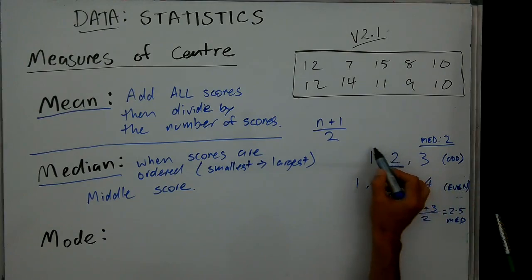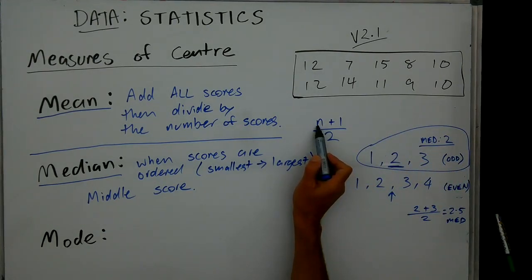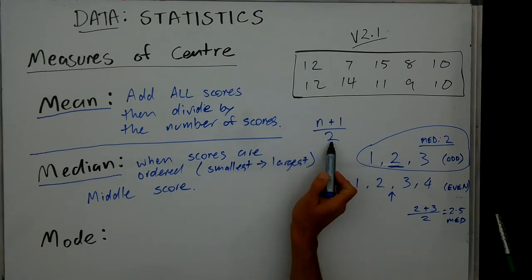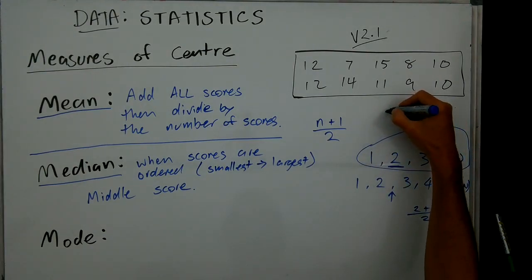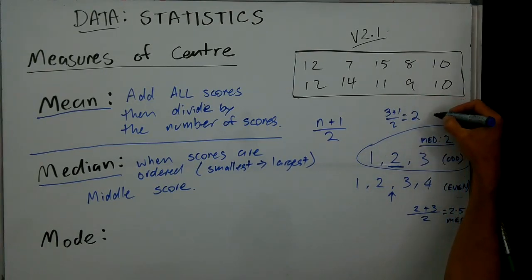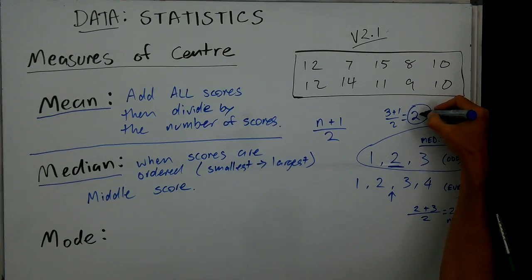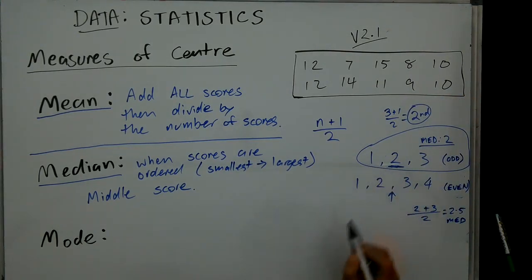In the case where we had 3 things, start with 3, add 1, which is 4, divide by 2, that's 2. So our median is in the second position: 1, 2, there it is.